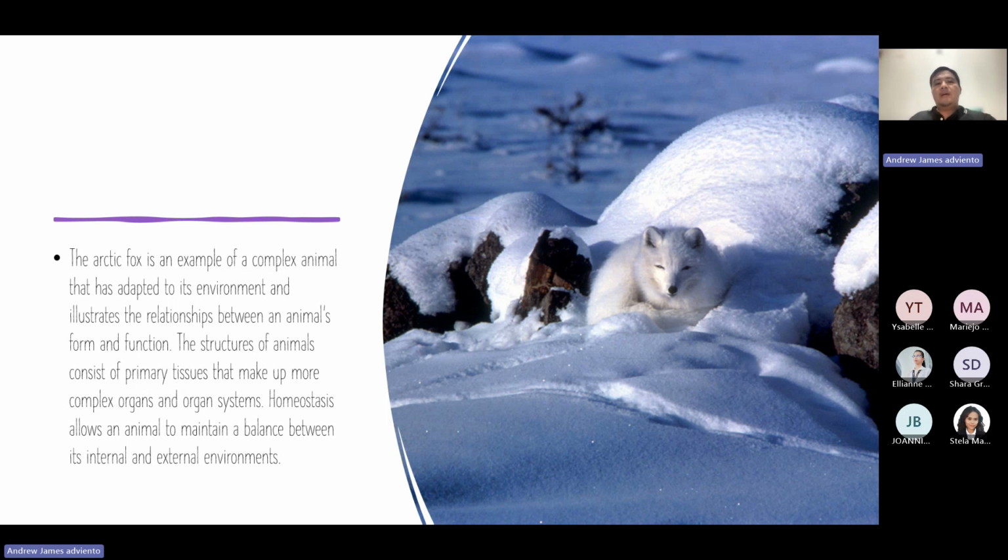How is the Arctic fox adapted to its environment? Anyone raise your hand? How do you think the Arctic fox adapted to its environment?